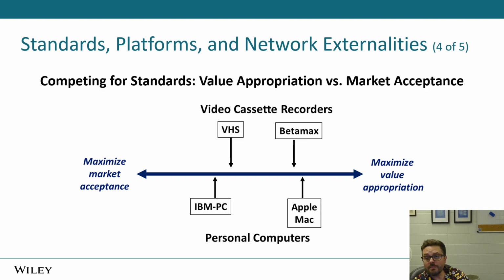Betamax, though, was known to be better quality, and so what you might call videophiles, people who were really into higher definition video, went Betamax. That was owned by Sony, I believe. The standard for VHS, I think, was JVC. Sony decided just to make a better product that would be less widely adopted, but would be more profitable.